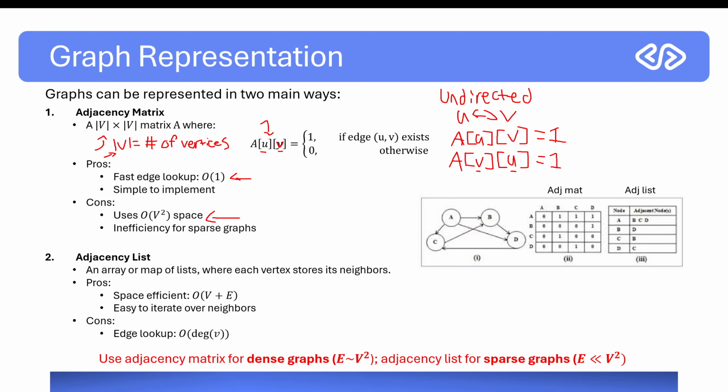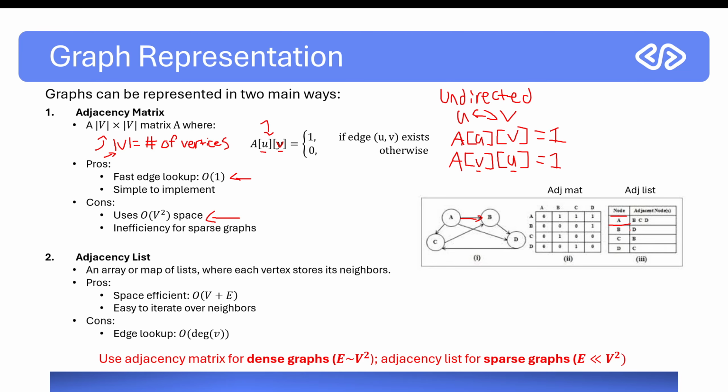So let's look at this example here. This is a directed graph, and we can represent it by adjacency matrix or adjacency list. I'll go to the adjacency list because that's what we're talking about right now. For instance, at A, it's pointing to B, C, and D. So at that index, that's what we call an adjacency list.